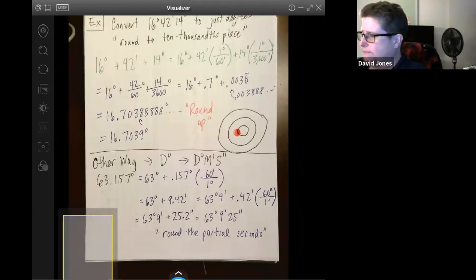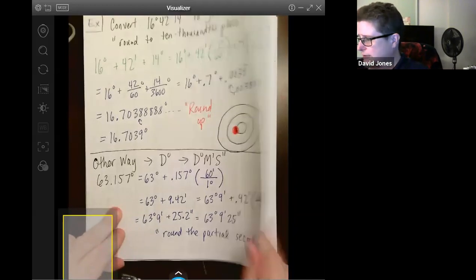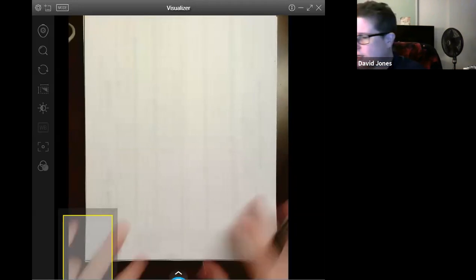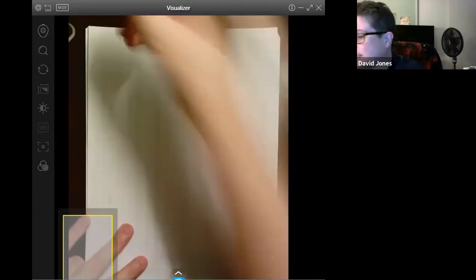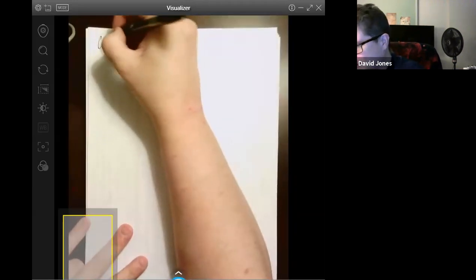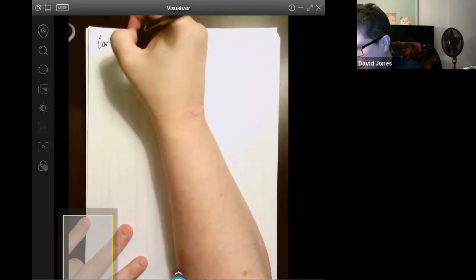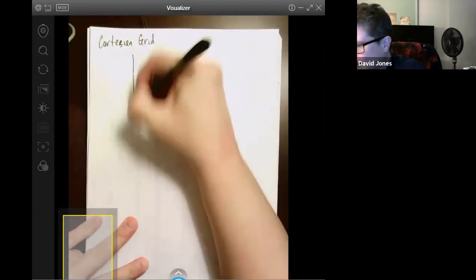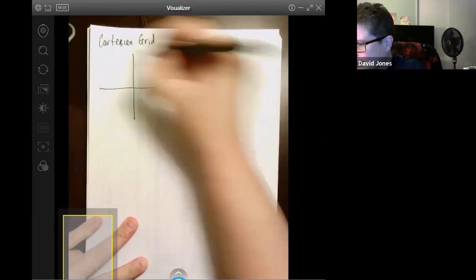Okay. So what happens when we put this on our good old Cartesian grid? So our Cartesian grid, you know, the good old X and Y axis.